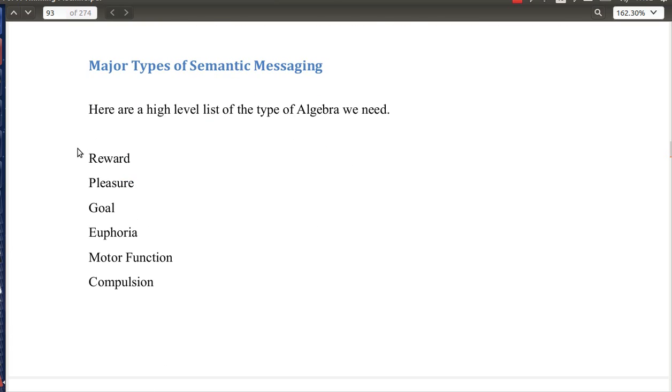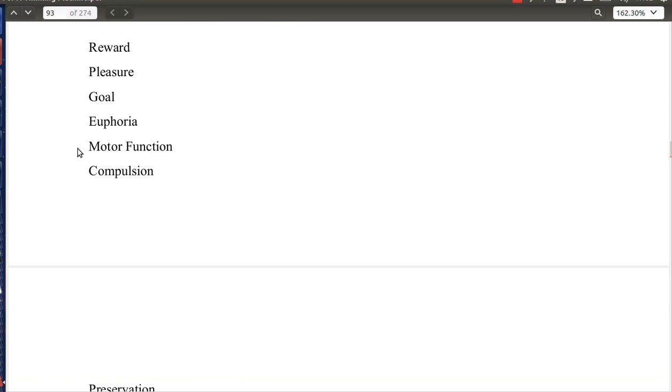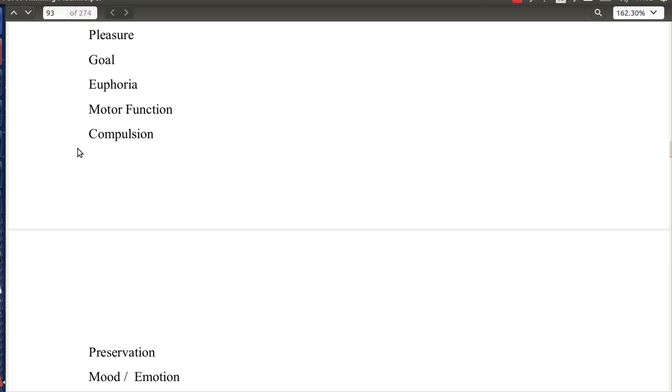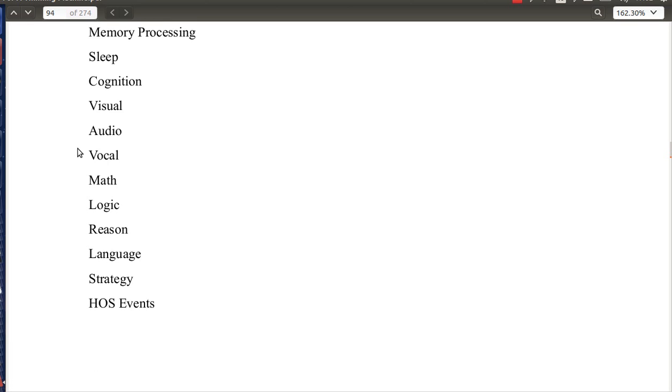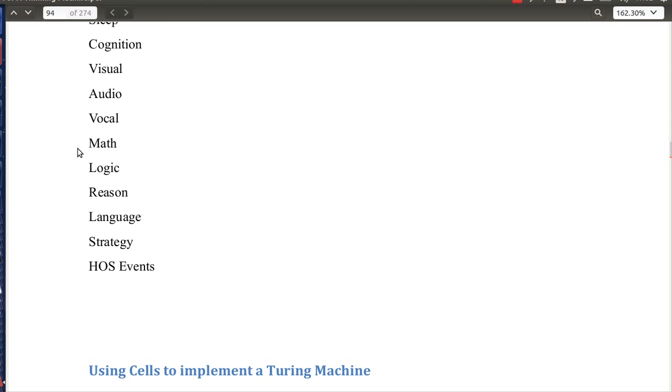Then I kind of touch upon the types of algebra we need. Later on, I'll talk about it in more detail. Things like reward, pleasure, goal, euphoria, motor function, compulsion, preservation, mood, emotion, sleep, cognition, visual, audio, vocal, math, logic, reason, language, strategy, and HOS events.